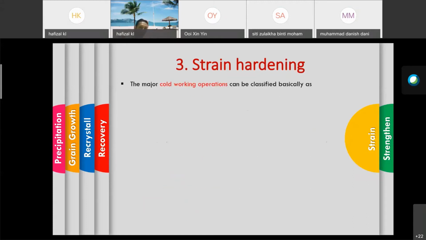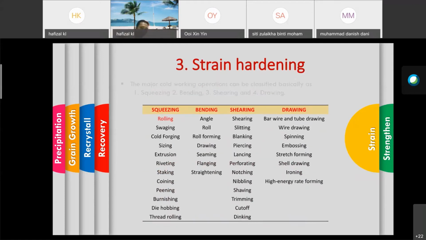Major cold working operations can be classified, basically in the manufacturing production line related to metal processing, into several types: squeezing, bending, shearing, and drawing. In the squeezing category, a lot of activities can be done, such as rolling, swaging, cold forging, sizing, and other metal processes, deformation process, extrusion, or something like that.